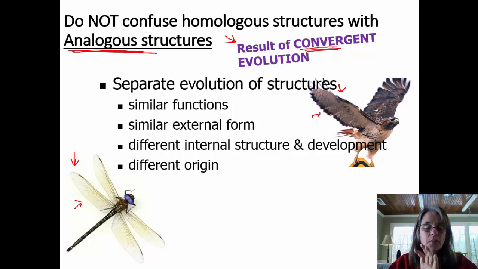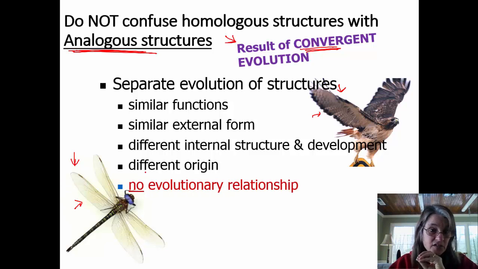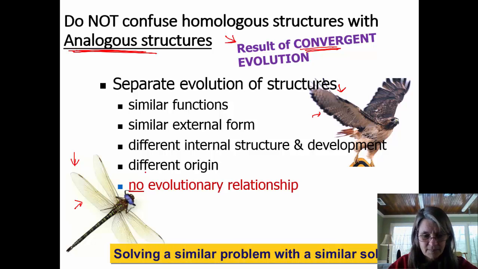So these organisms are of different origin. Analogous structures are not evidence of common origin. They are not evidence of common origin, okay? There is no evolutionary relationship, certainly at least not a close evolutionary relationship between dragonflies and hawks.